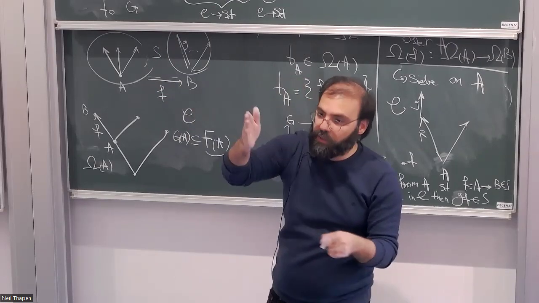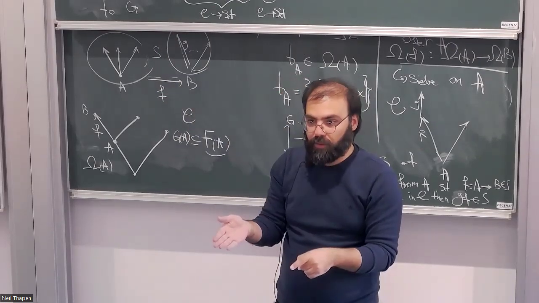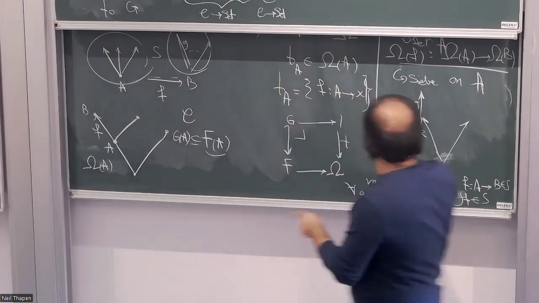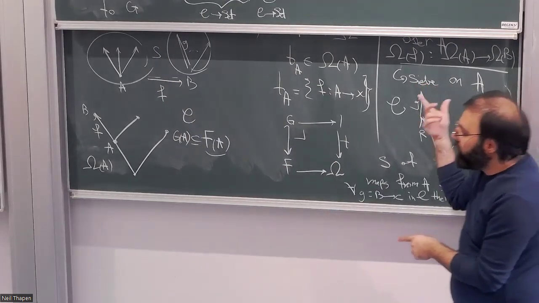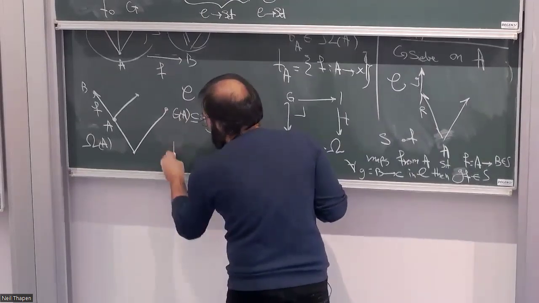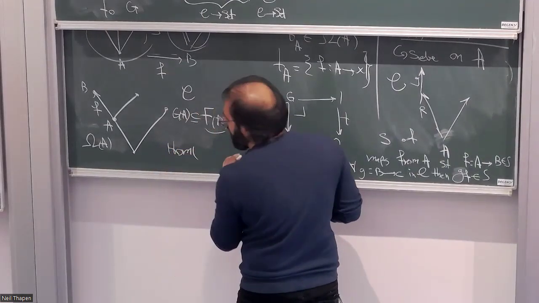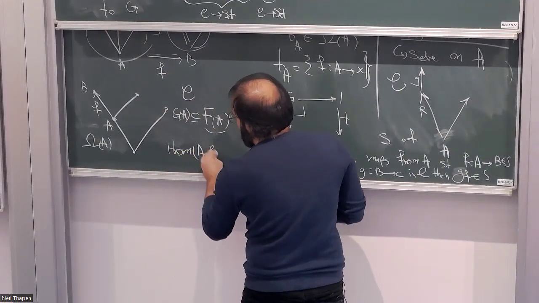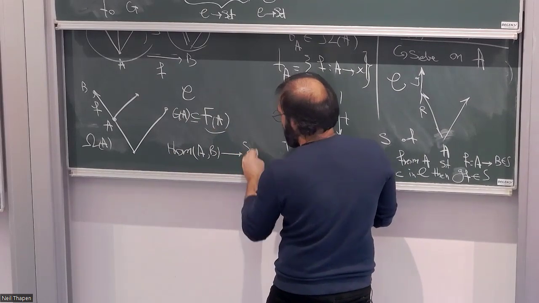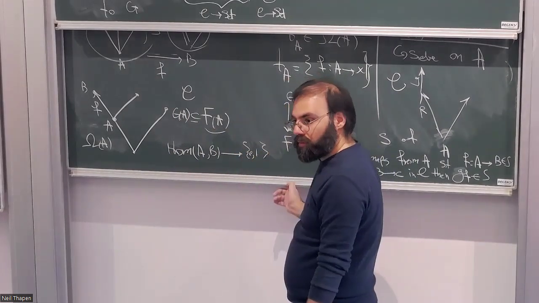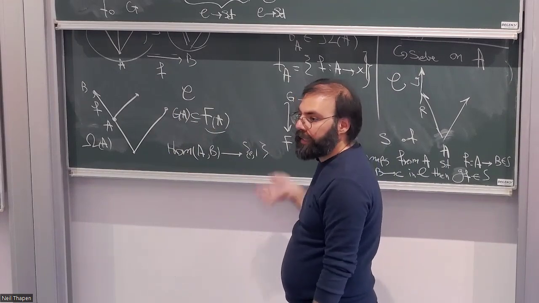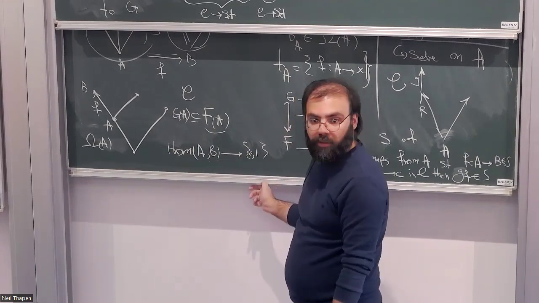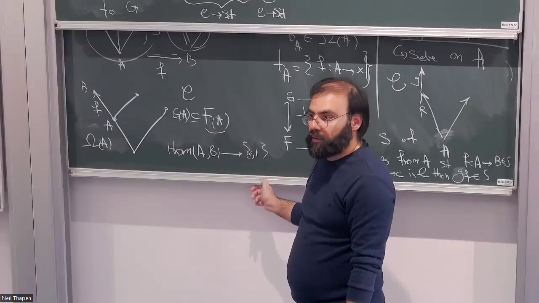Because if you go inside G, you remain inside G, right? Therefore, you need a cosieve to capture that. So another way to say that is this, that for any map, you assign 0, 1, of course, right?